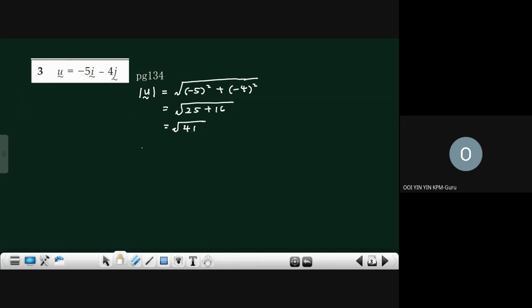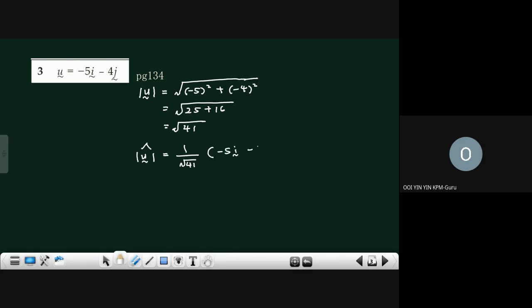And then now we want to find the unit vector u. Okay, that will be, this 41 cannot divide with 5 and 4. Yeah, also hard, right? So we can write it like this. Okay, why don't we write like this first? If I talk a lot later you get confused, right?